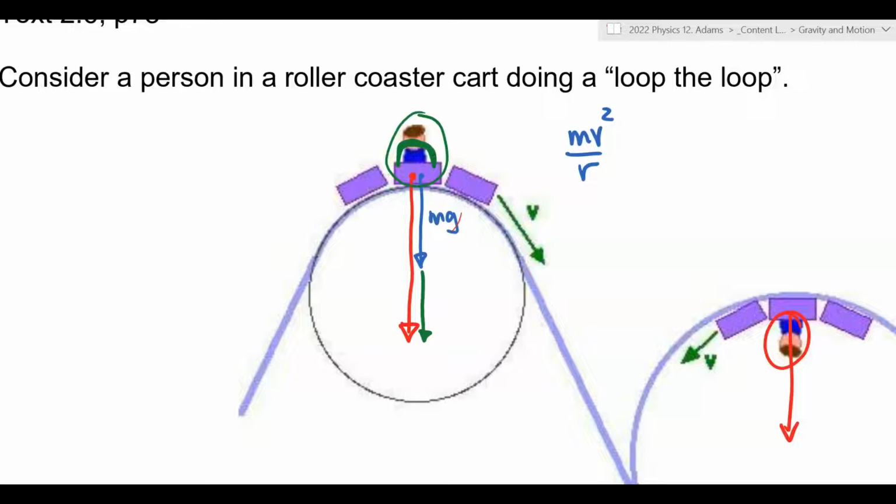That's why in roller coasters you often have that bar that comes down over your head. It stops you from flying off out into space. It provides a downwards reaction force. Stops you becoming a projectile. Okay? That's 2 scenarios with this. We'll look at the third one in a minute.